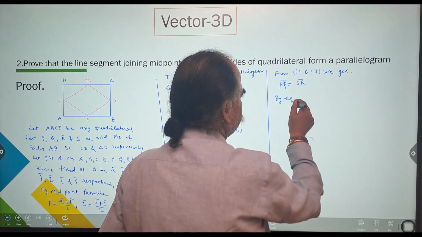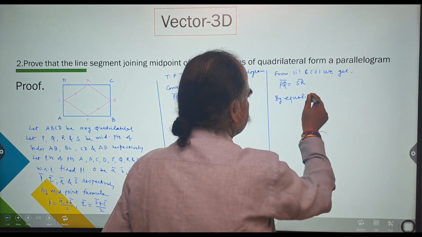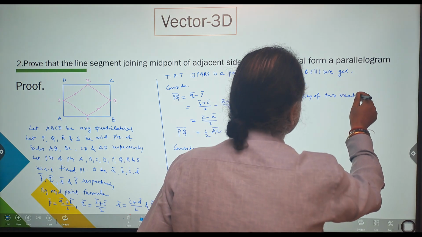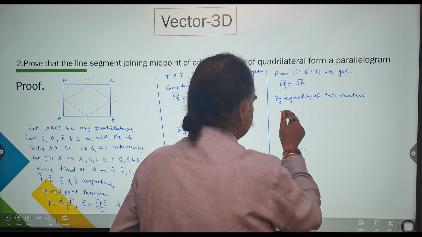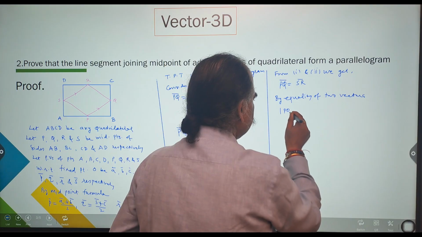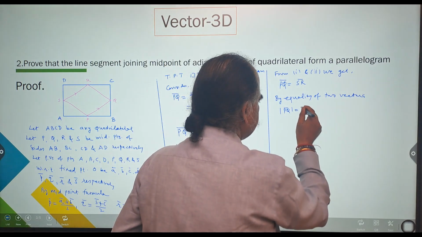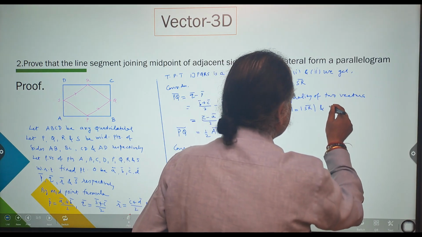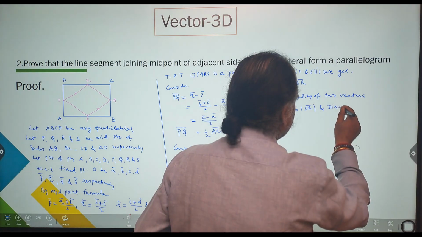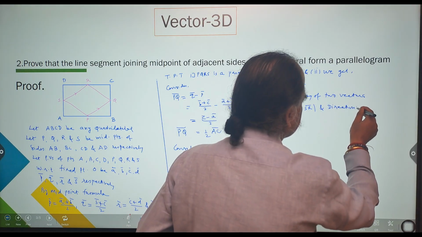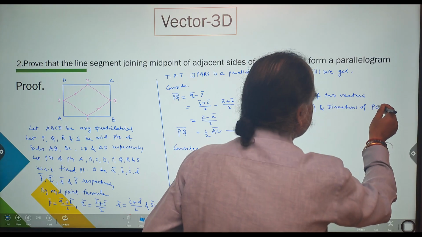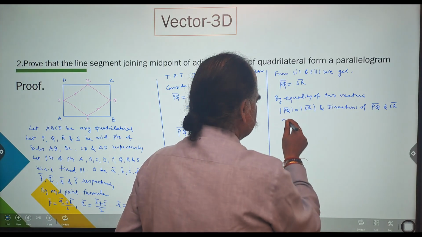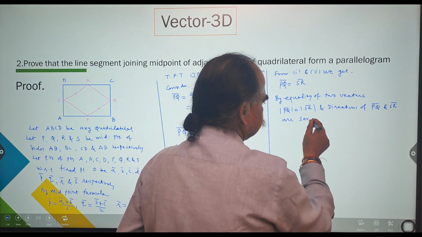By equality of two vectors, magnitude of PQ bar is equal to magnitude of SR bar, and directions of PQ bar and SR bar are same.